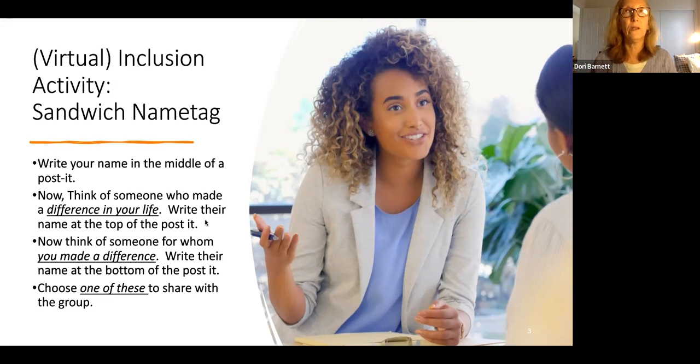As a child, youth, or adolescent, think of someone who made a significant positive difference in your life and write their name on top of yours on the Post-it. I'll give you a moment to fill all this in after I give the directions. Well, actually, let's do that now. We'll take it step by step. So grab a piece of paper, preferably a Post-it, write your name in the middle.